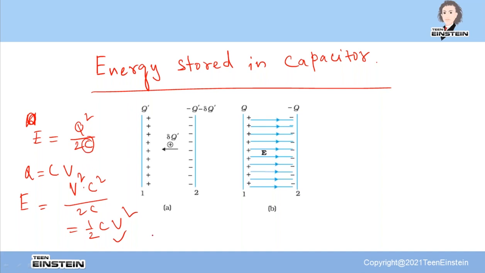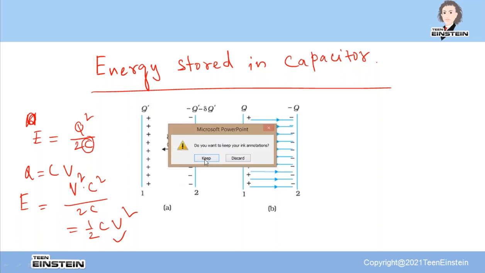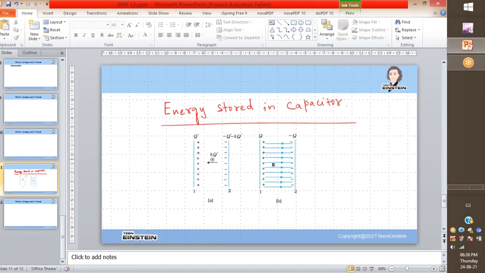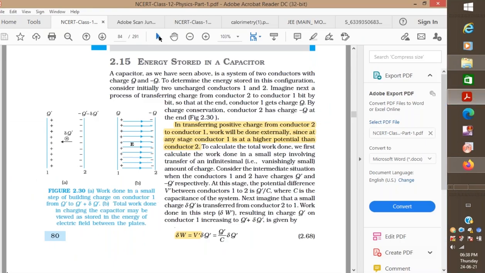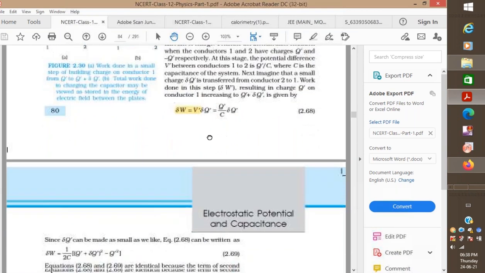You might be thinking, sir, you are teaching on your own. No, actually this is from your book. In your book there are a few extra things. I have directly gone to here after writing the infinitesimal work done.